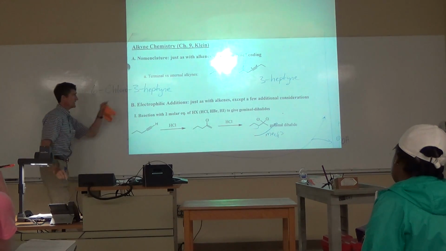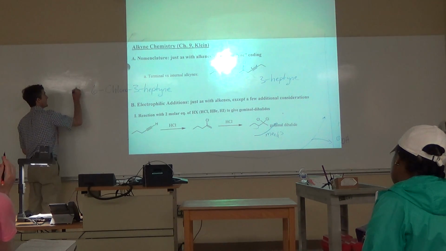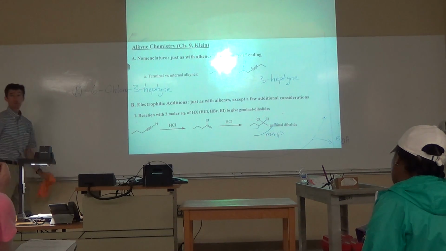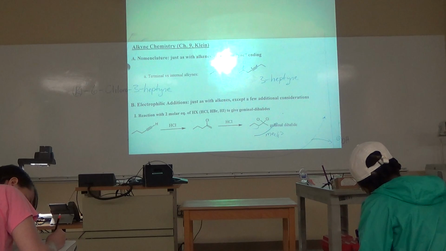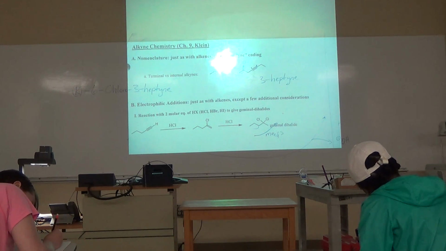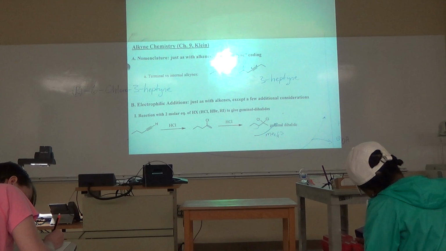But is this name complete for the structure I showed you? What do we need to add to this name? We need to put an R here, correct? Because the chlorine is on a chiral carbon. It's chiral, thus it has two configurations possible.